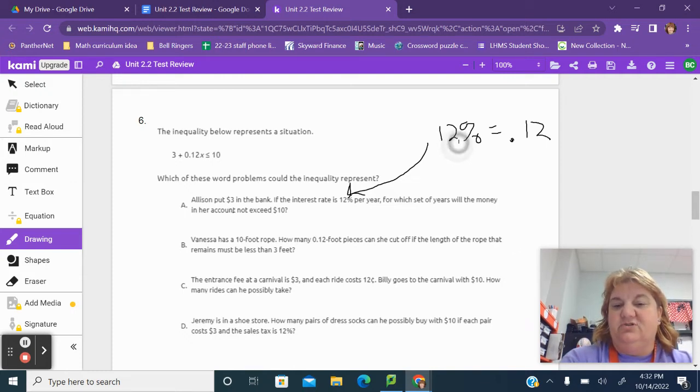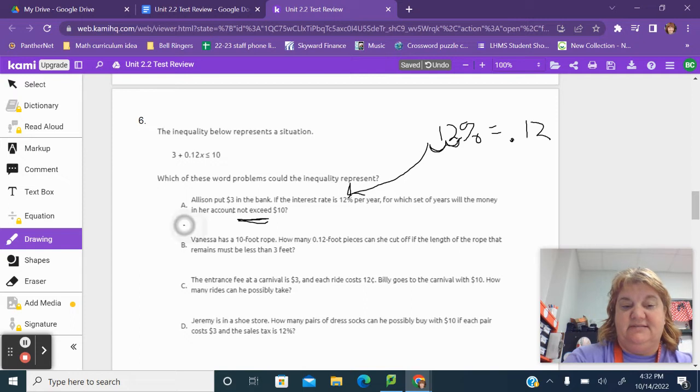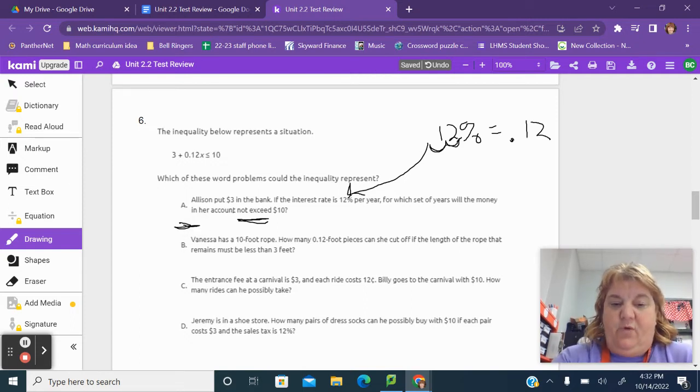That's the Beyonce rule. To the left, to the left. So if there's a point there, to the left, to the left. Okay? That's what that equals. So that would match. For which set of years will the money in her account not exceed? Not exceed means it could be equal to 10. Well, actually, this is a good option. Let's see about this one. 10-foot rope. How many of these pieces can she cut and still have 3 feet left?